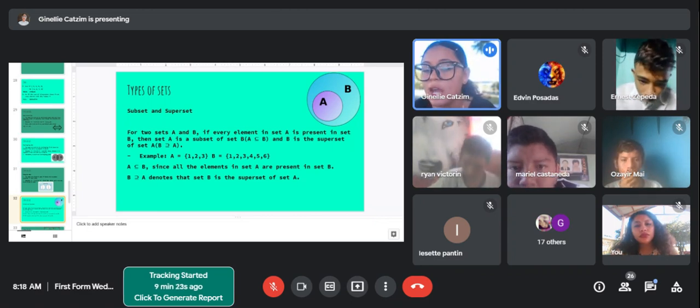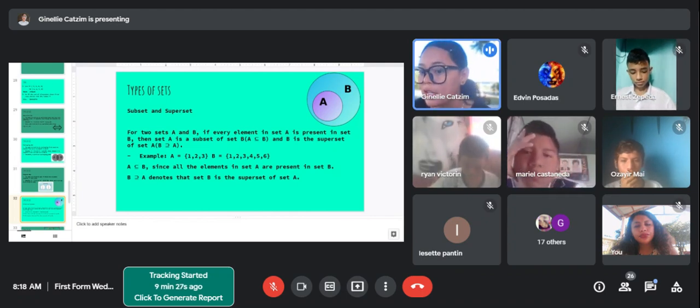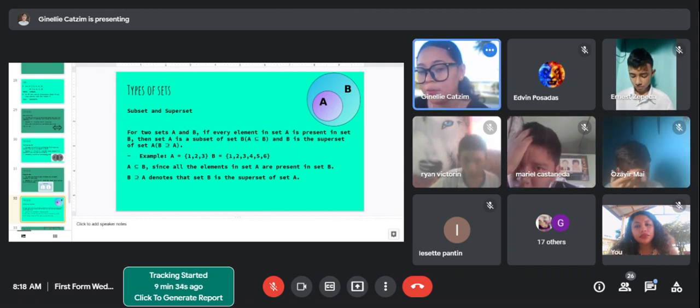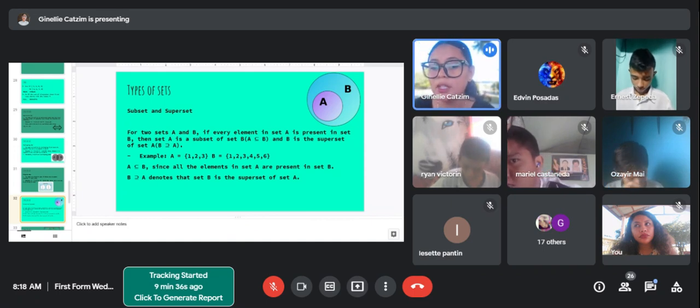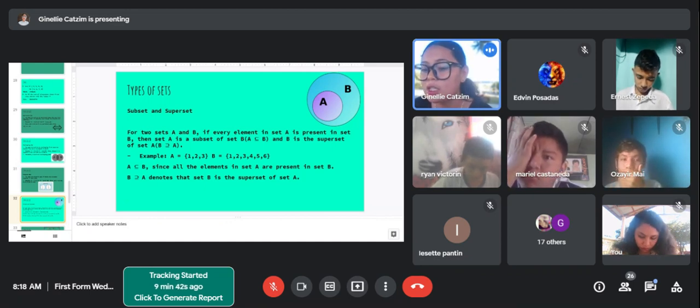Why? Because we can extract those numbers in set A from set B, right? We can have 1, 2, 3. So what this is simply saying is that A will be the subset, but B will be called the superset.